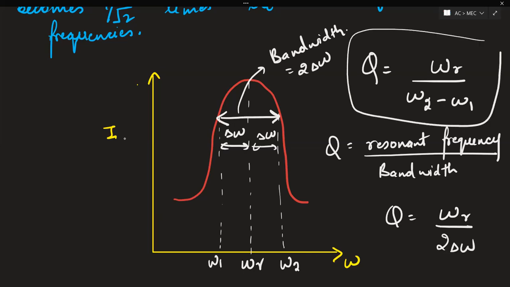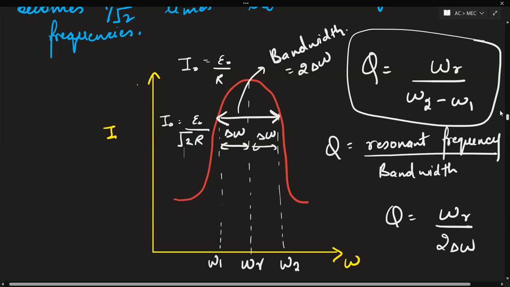Most times this one is used, and this is the main thing. Also, the value of current at this maximum value, let's say this is E0 divided by R. At the value for the calculation of Q factor, this frequency that we take, here the value of current becomes 1 by root 2 times. Now read the sentences back, what I've written.